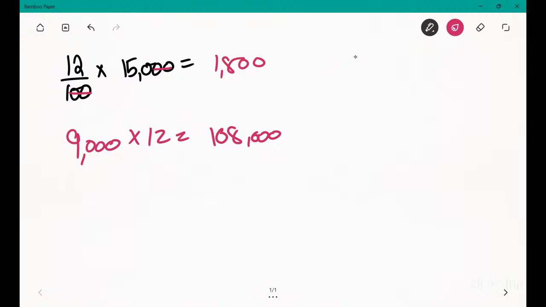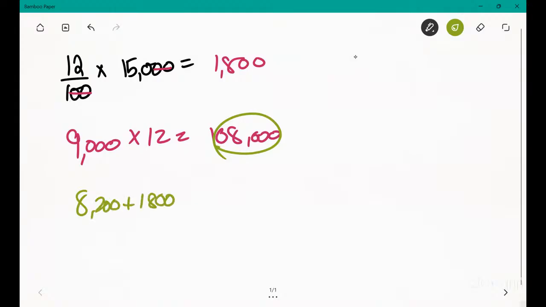Find the amount that remains after Kamal pays the annual rates and spends 8,200 on maintenance. So he receives this amount at the end of the year, and he also has to pay the annual rates as well as maintenance 8,200. So let's find the expense. That's 8,200 plus 1,800, which is going to be 10,000.